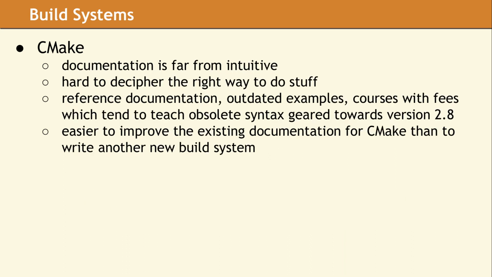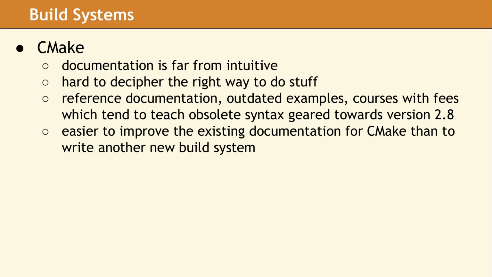Not to belabor the point, but since the CMake examples that are available are so limited, it would be very nice to have good documentation. Unfortunately, the official documentation is very weak. It is descriptive, and it says how CMake works and what the features do, but it provides no guidance as to the best way to put these features together to create the build system that will work for your project.